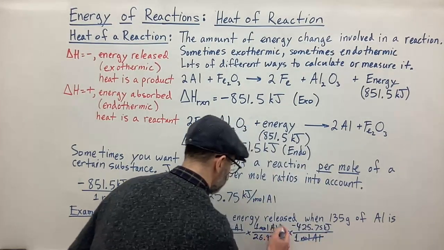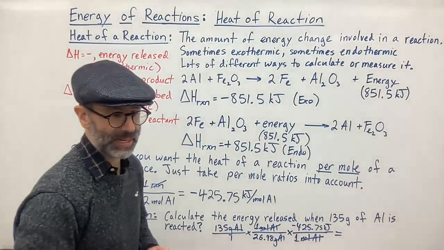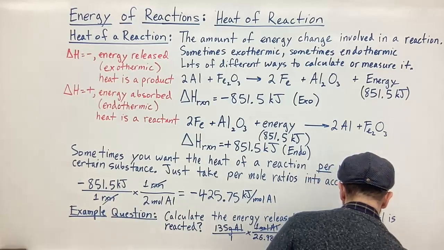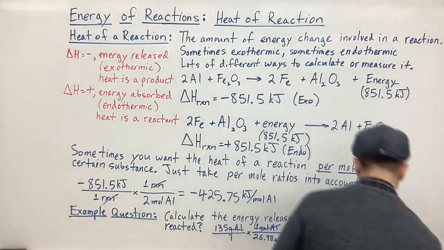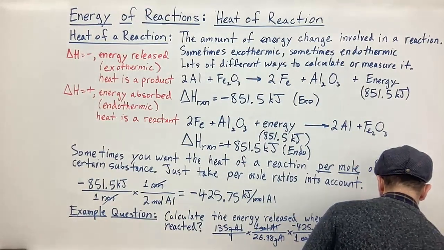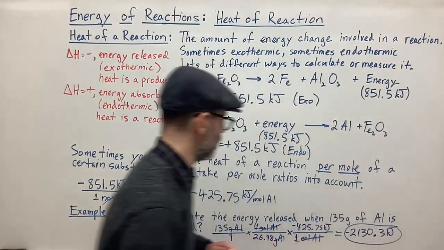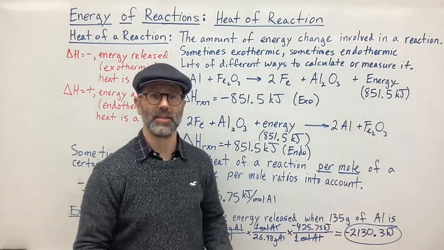So moles of aluminum cancel out, and then I calculate that out, and I get negative 2130.3 kilojoules of energy released from 135 grams of aluminum reacting.